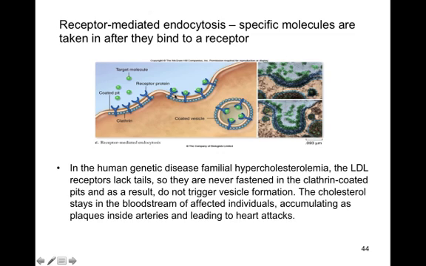As a result, it doesn't trigger vesicle formation, and the cholesterol is not taken into the cell, but rather it's left out in the bloodstream. And here it accumulates as plaques inside the arteries and leads to heart attacks. So LDLs are our bad cholesterols. And if we have lots of extra LDLs or bad cholesterols floating around in our blood, then we're much more susceptible to heart disease.